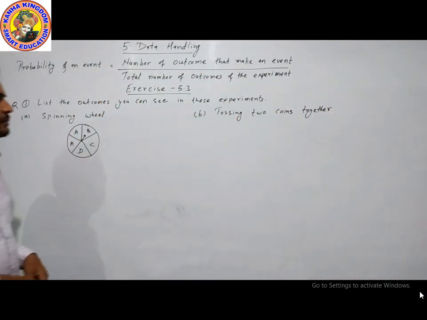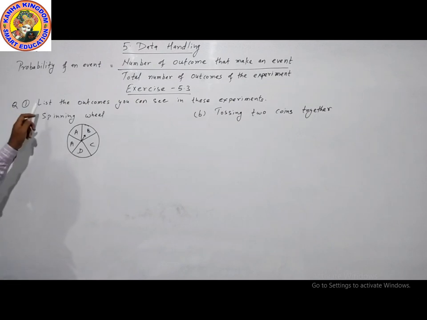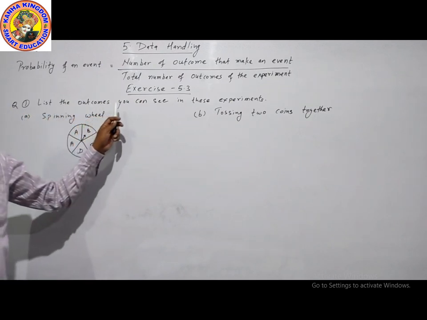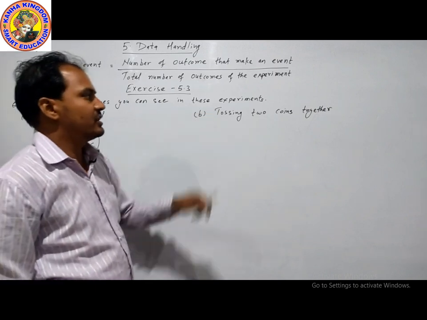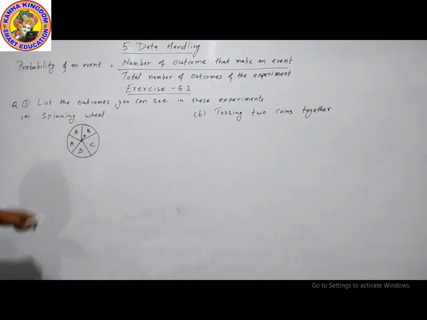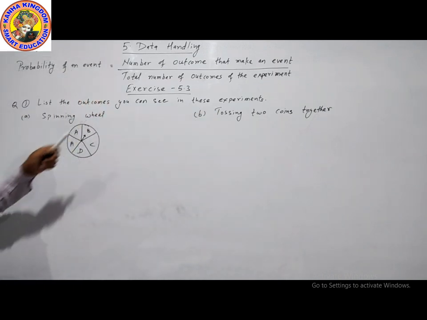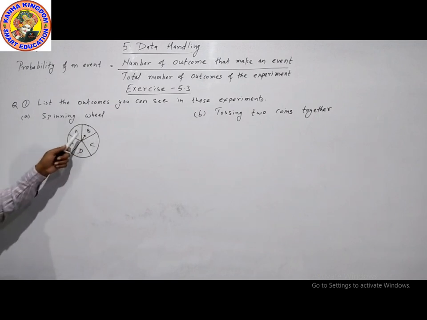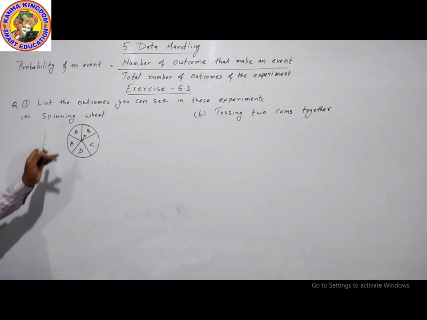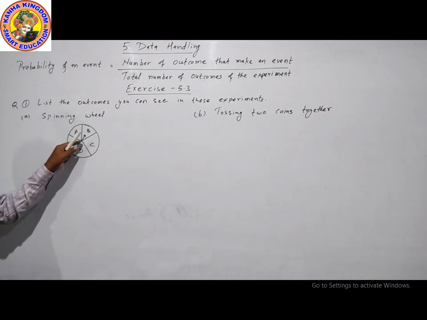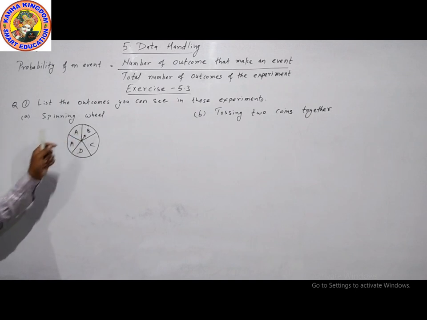In exercise 5.3, question number one, list the outcomes you can see in this experiment. First is a spinning wheel. This is a wheel which is divided into 5 parts, 1, 2, 3, 4, 5. Now we will rotate these. This is an arrow sign.